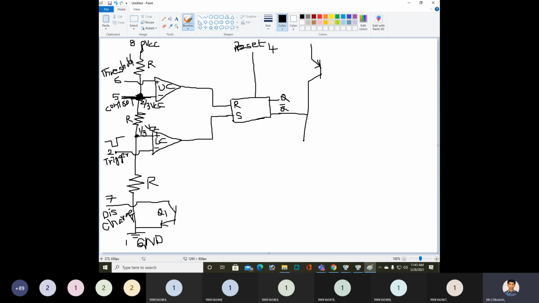Okay. I need to connect these two here to a power amplifier or else an inverter.